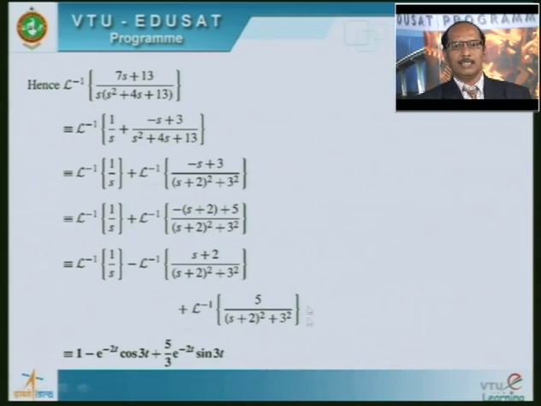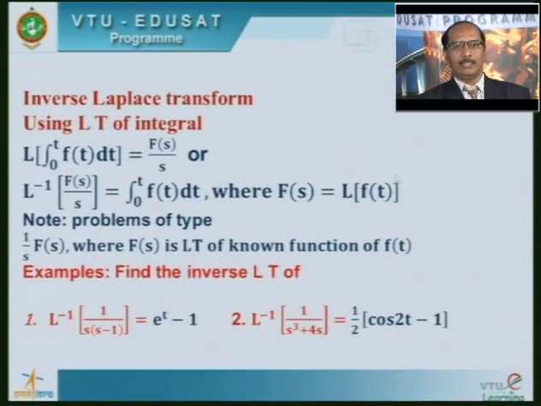Similarly, this can be matched with the e raised to at into sin bt term. So, a is minus 2; the main formula is b divided by (s minus a) whole square plus b square. So, 3 should be there in the numerator, that is why divided by 3 is taken. So, e raised to minus 2t sin 3t. In this way partial fractions are used in finding the inverse.